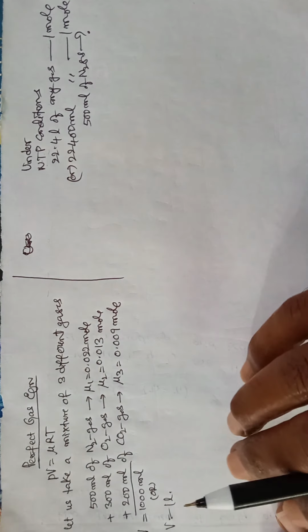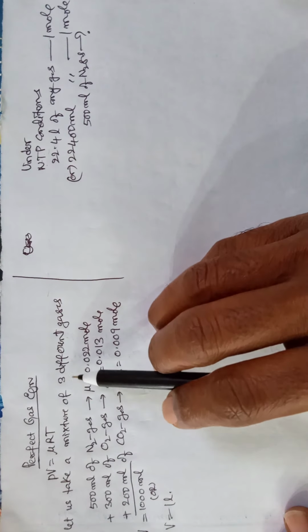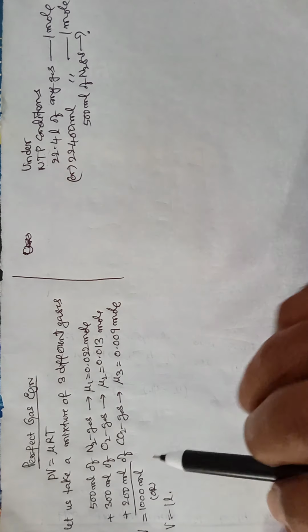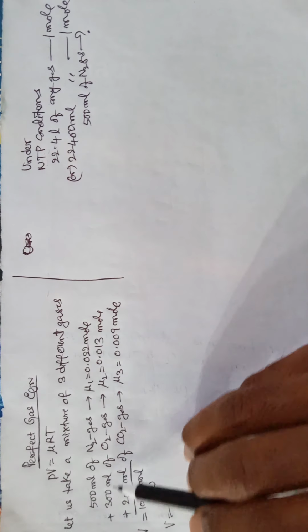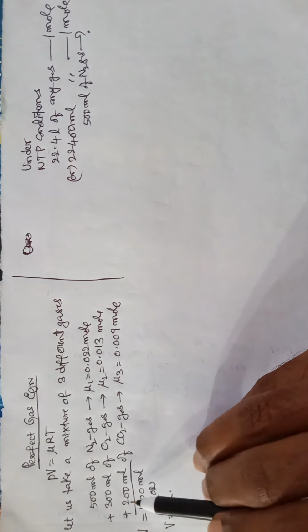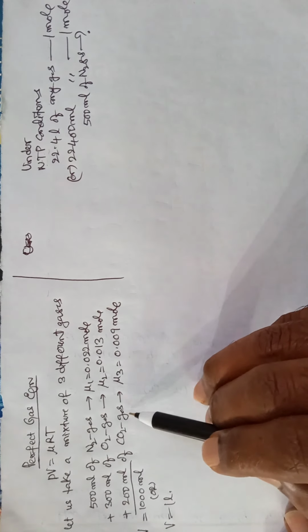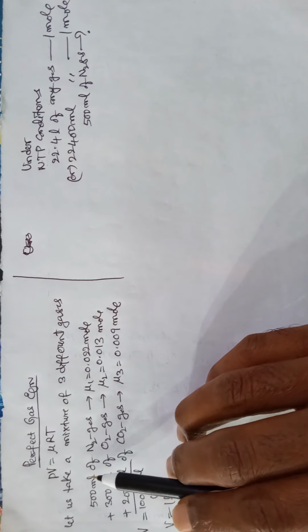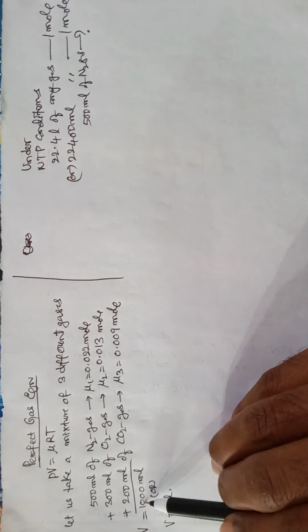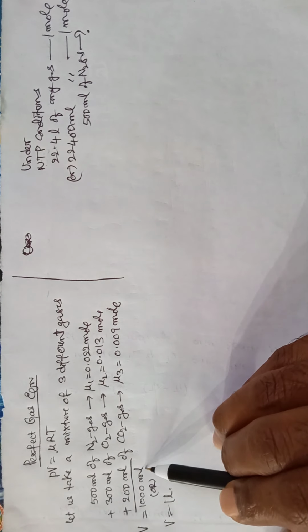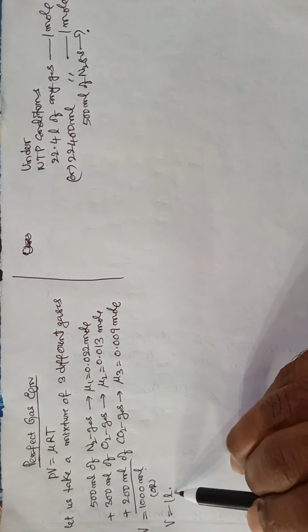Dear students, let us take a mixture of three different gases: 500 milliliters of nitrogen gas, 300 milliliters of oxygen, 200 milliliters of carbon dioxide. So all the three are mixed to make 1000 milliliters, that is 1 liter.